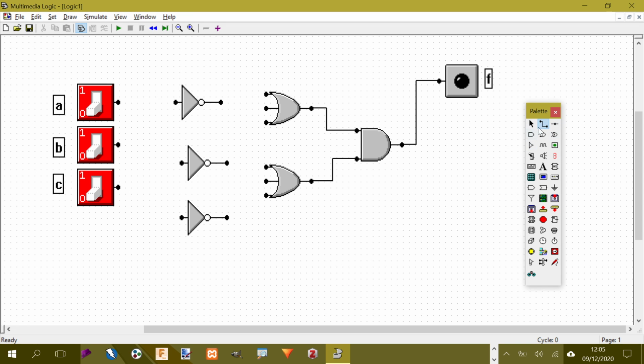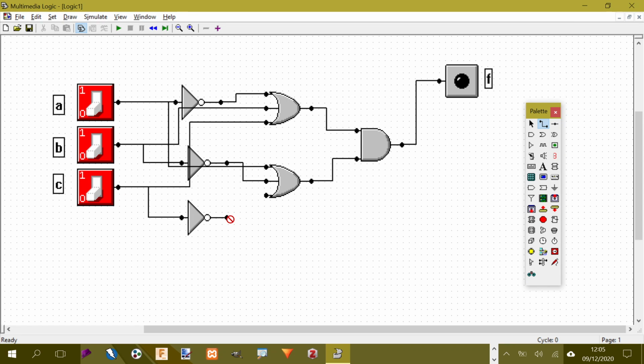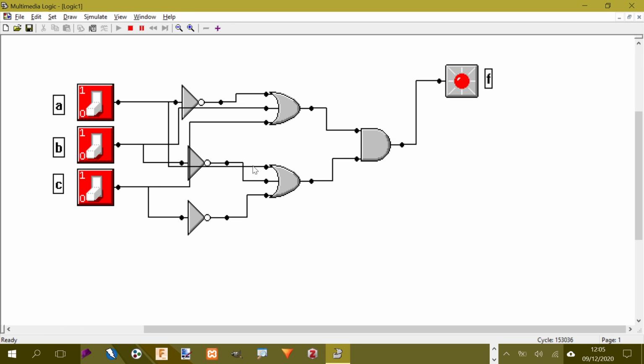And so in our first max term, we had not A or B or C. And then in the second one, we had A or not B or not C. There we go. And we should find that if we run that, our combination of A or not B or not C gives us, remember we're looking for 0, so that's off.